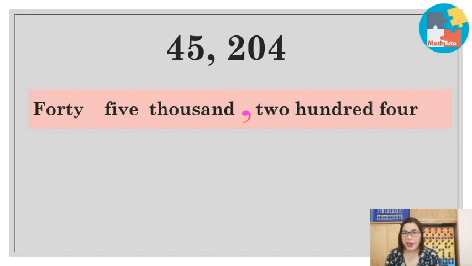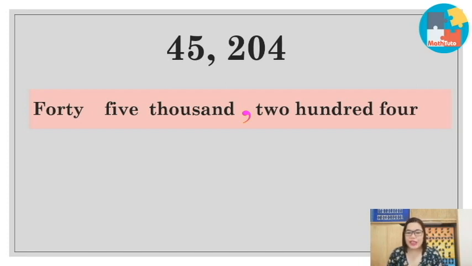Take note, in the ones period, 0 is our tens place, 4 is our ones place. Now, we put a hyphen when the numbers in every period involve a number from 21 to 99. Again, we put a hyphen on the numbers within, including 21 up to 99.